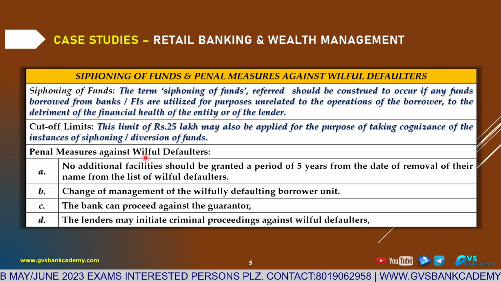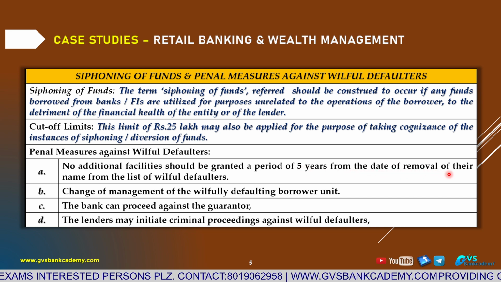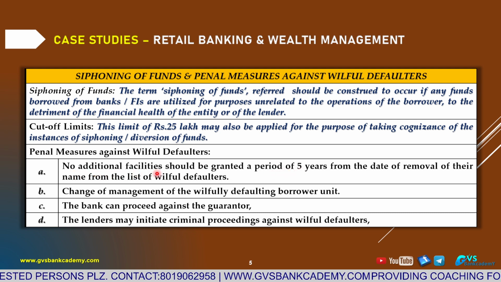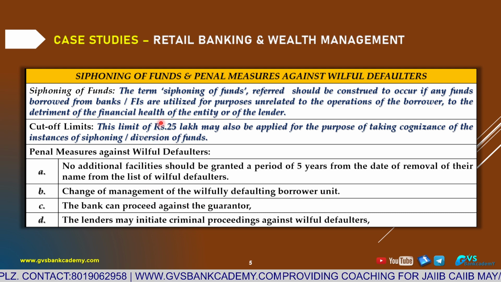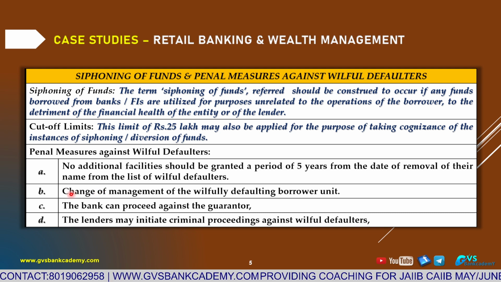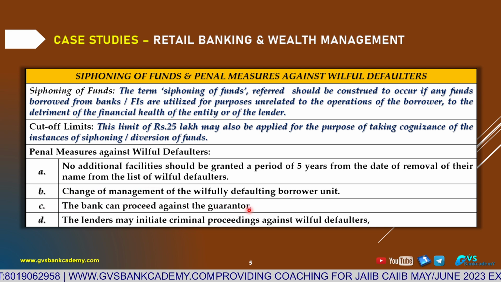Penalty measures against willful defaulters. A. No additional facility should be granted for a period of 5 years from the date of removal of their name from the RBI list. B. Bankers should insist on a change in management of the borrowing unit; some of the directors or management will be changed.